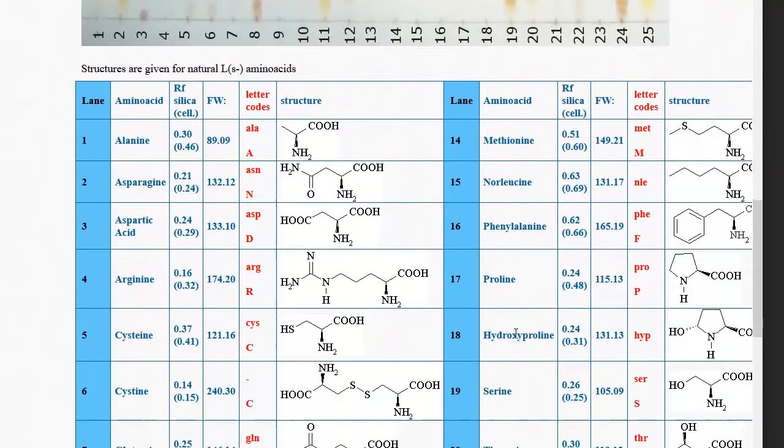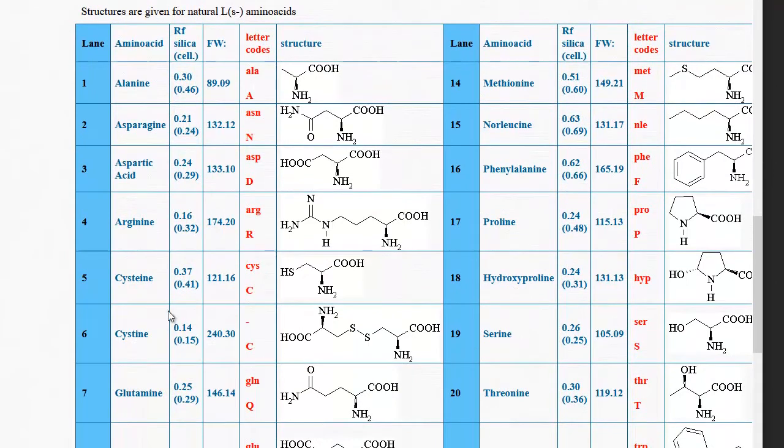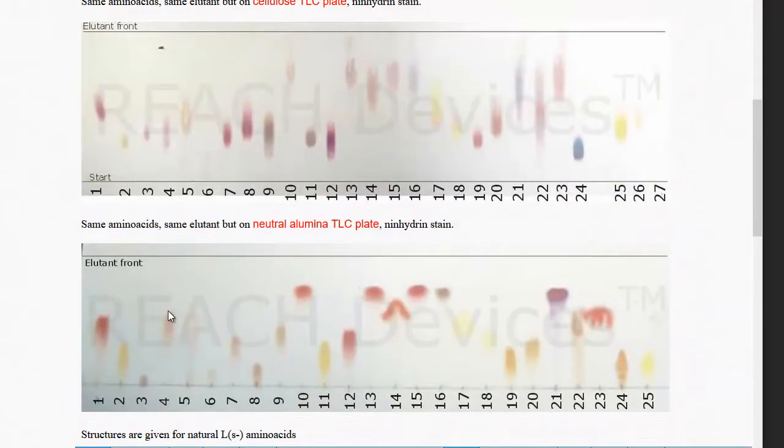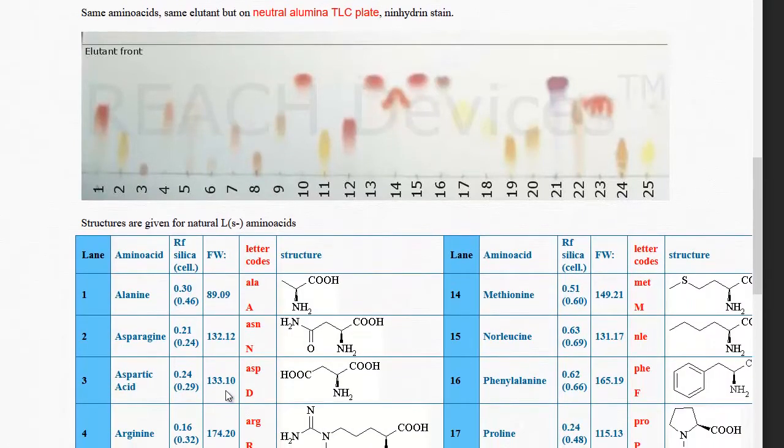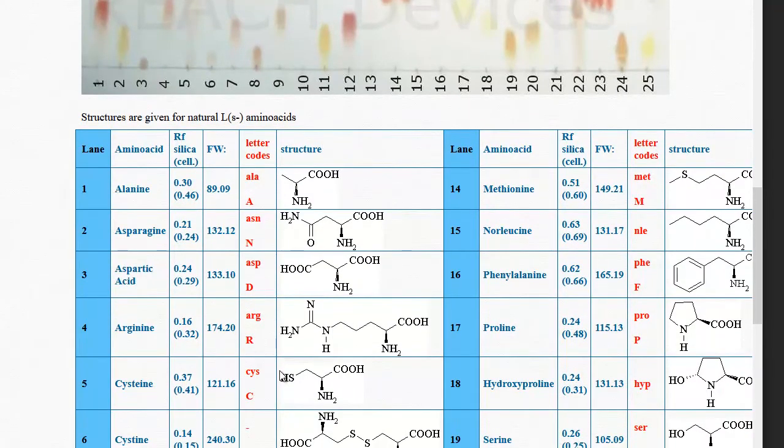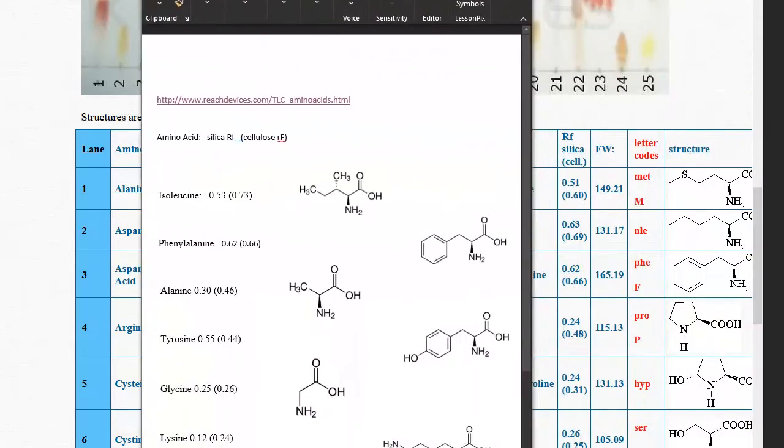Now, fortunately, we were given this table, so we have an idea of the specific RF value that we expect for these different compounds. Since we are using the cellulose TLC plate, I highly recommend that you use this data to predict the polarity and therefore the distance traveled on the TLC plate for each of your compounds.